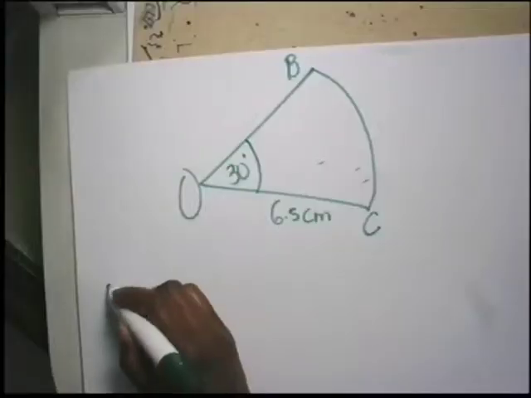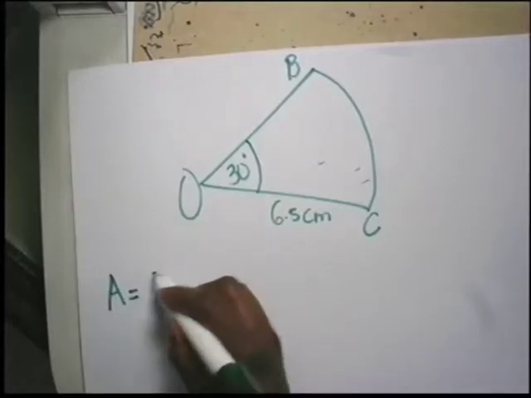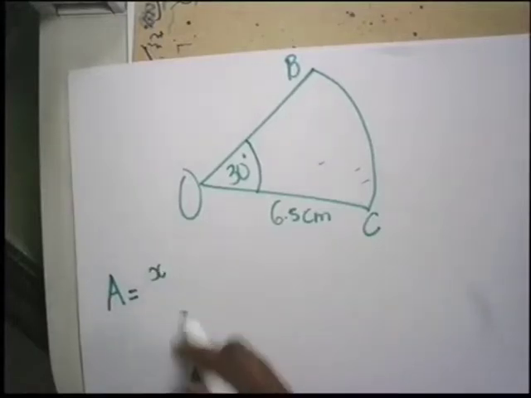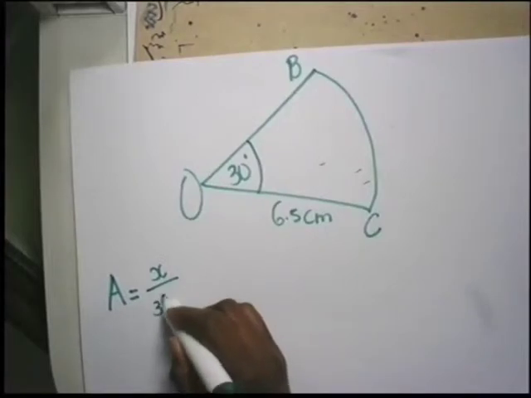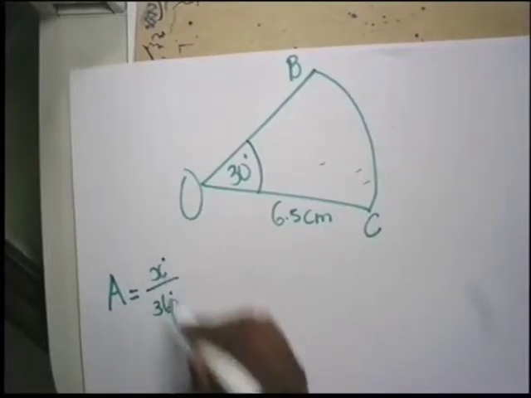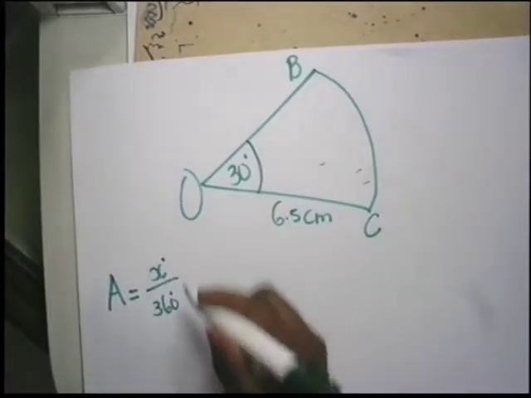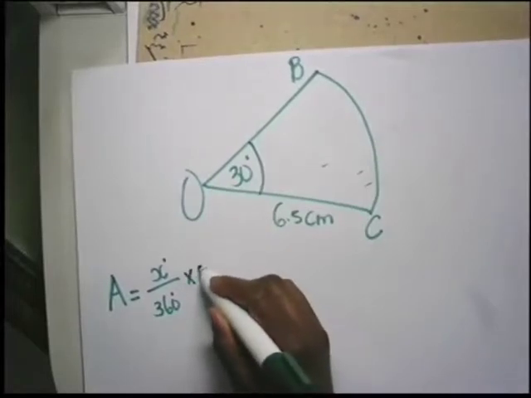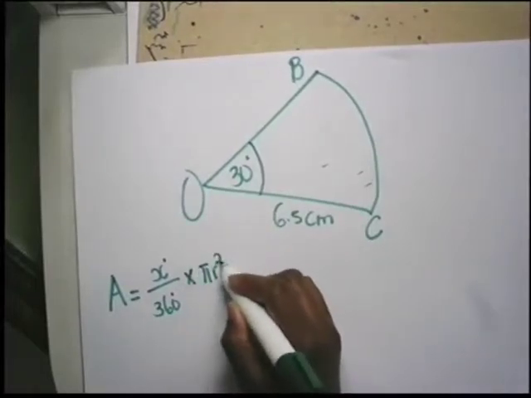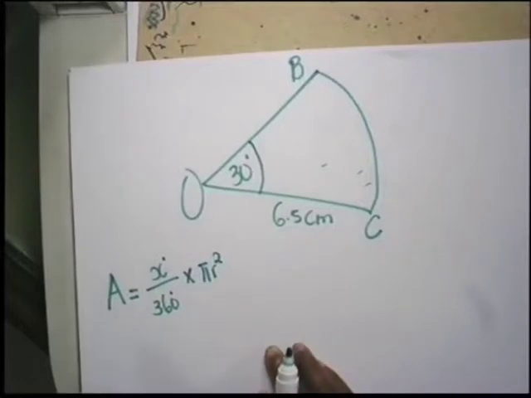Area of the sector: you take the angle divided by the total angles in the circle, which is 360 degrees, and then you multiply it by pi r squared. This is the formula when you are calculating the area of the sector.